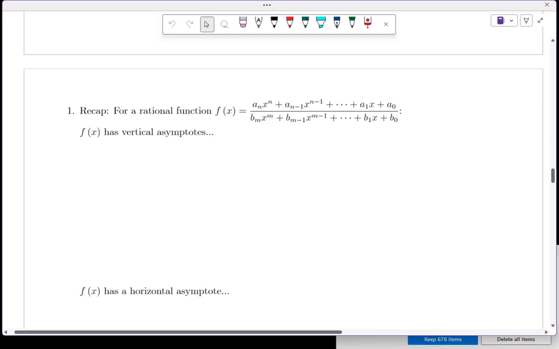So to recap all of this, if we have a rational function, the first part is about vertical asymptotes. Where do we look for vertical asymptotes? What has to be true?